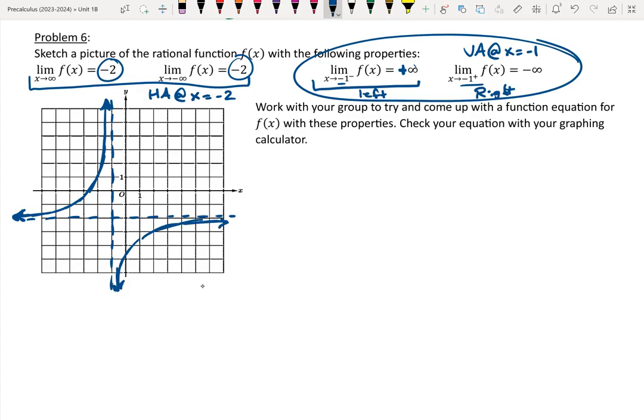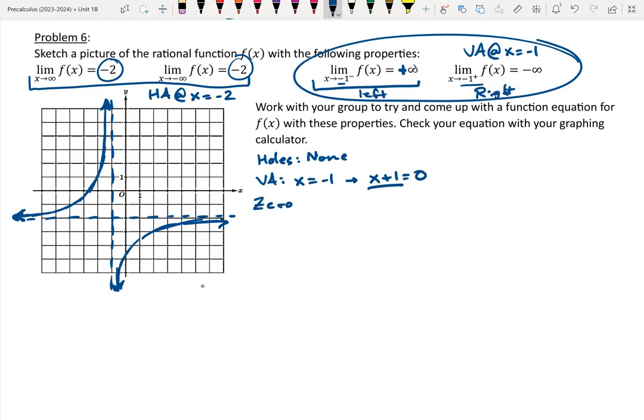Looks pretty good. All right, so from this, we're not told about any holes, so I'm not going to include any holes on this one, so none. And then we definitely have that vertical asymptote at x equals -1. So it tells us we have the factor x plus 1 equal to 0.